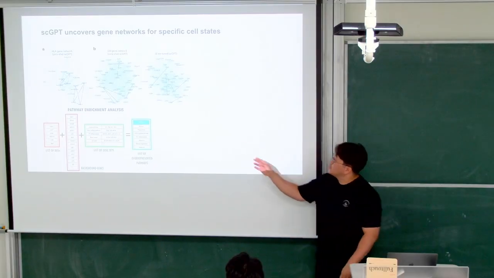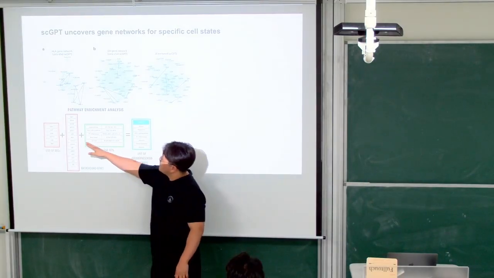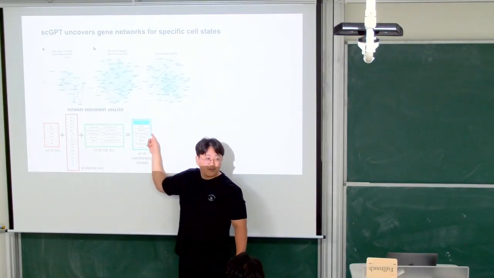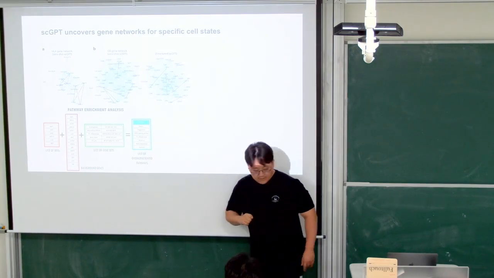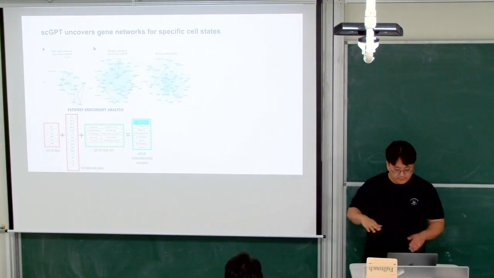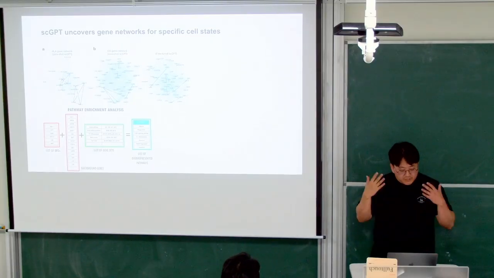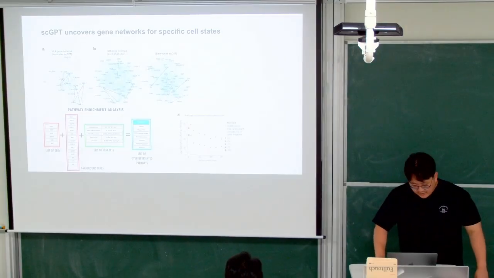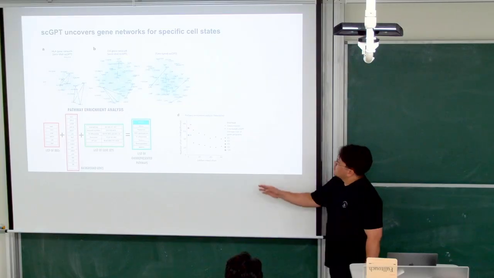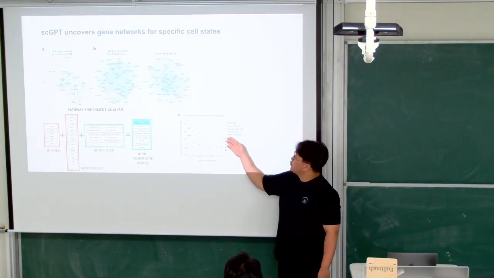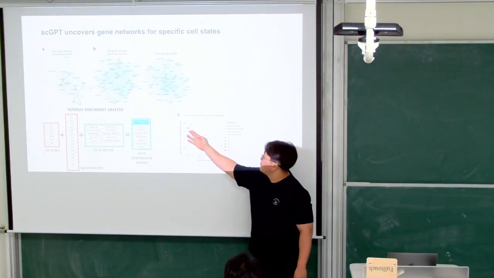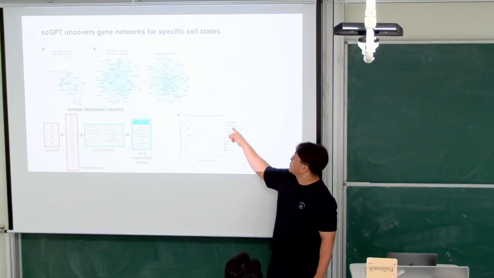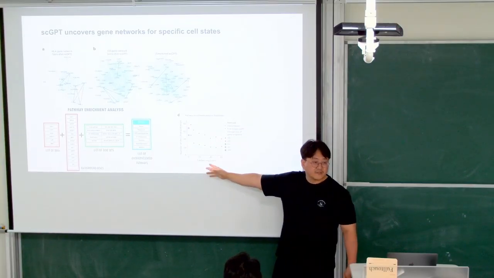If you put the gene names here, then you will get multiple pathways. By reading these pathways, we can infer the gene state or the gene's functionality. If you use scGPT, you will get more pathways compared to the conventional co-expression analysis.